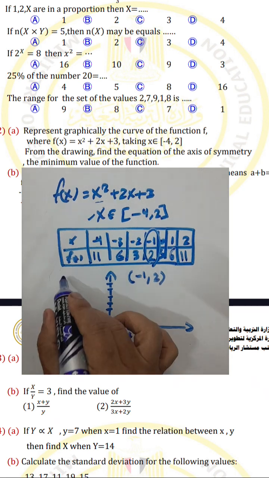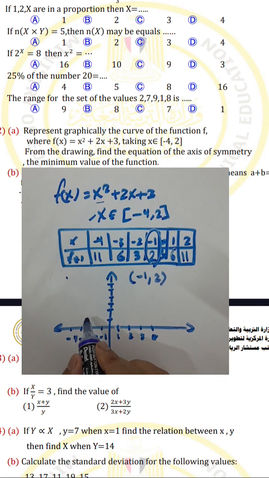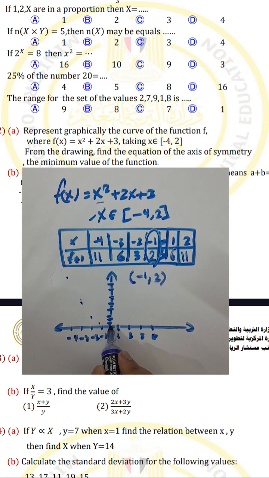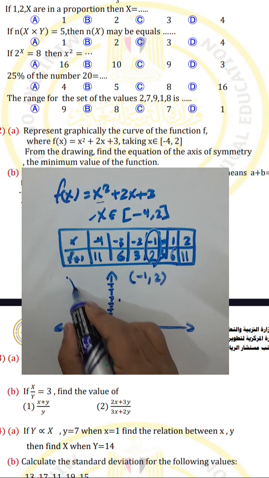We have 11 here. -3 to 6. -2 to 3. -1, 2. 0 and 3. 1 and 6, 2 and 11.